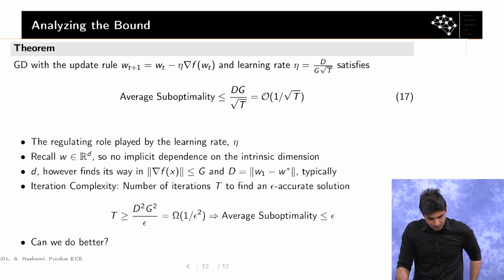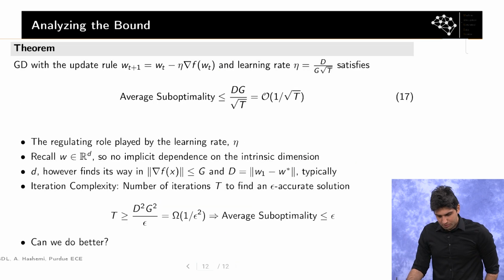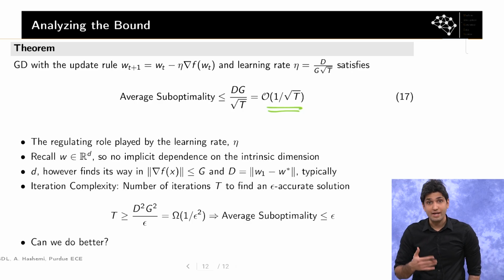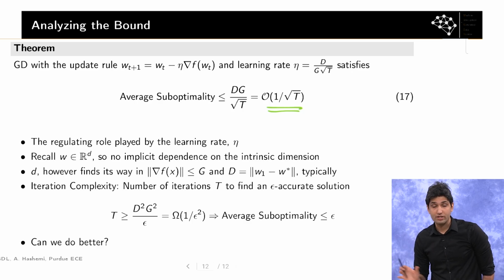All right. So let's talk a little bit more about the bound that we found. The bound was that the average suboptimality is less than d g over square root of t. I want to talk about a few things. First of all, it is sometimes useful to hide the constants, in this case d and g, and just focus on the rate at which the error goes to 0 with respect to the number of iterations.